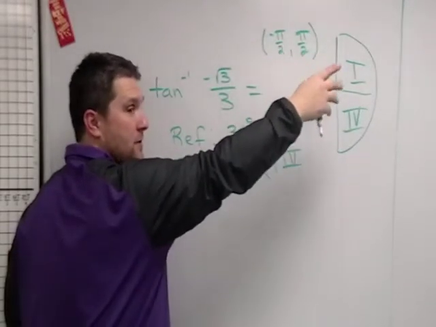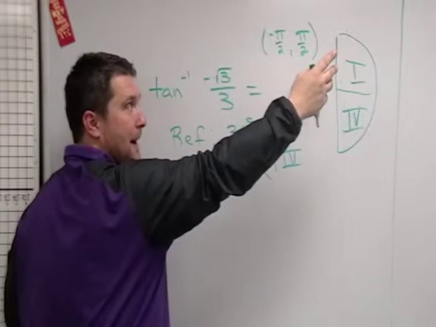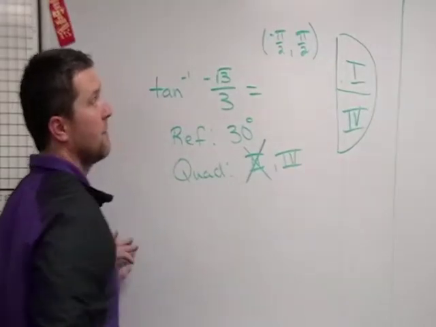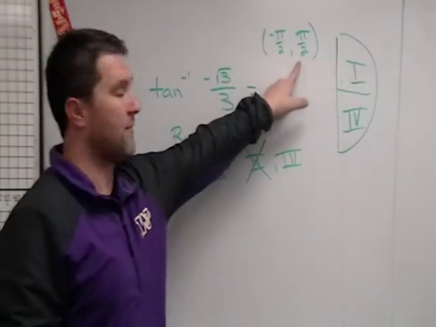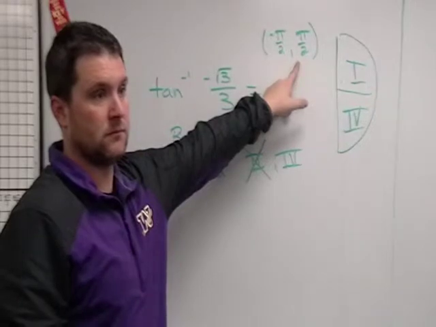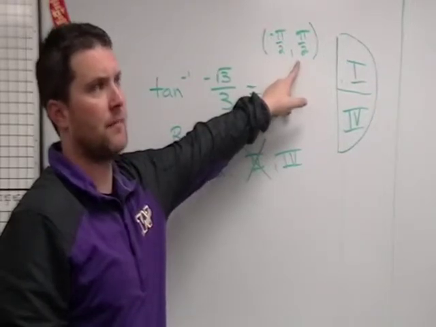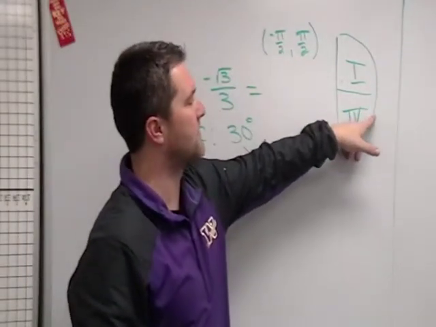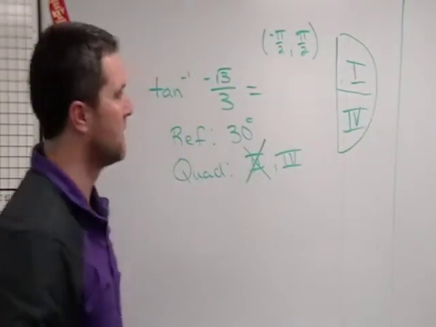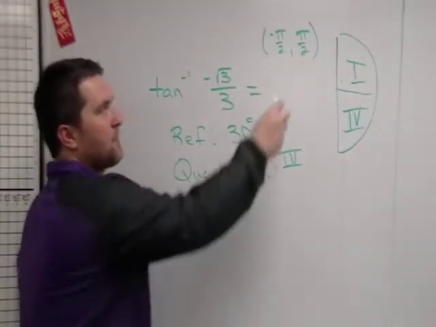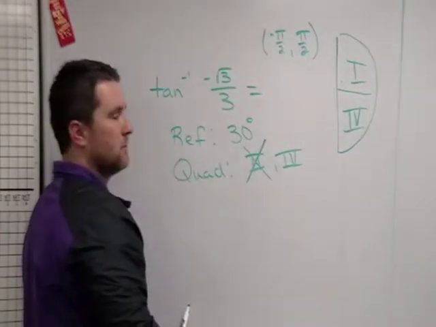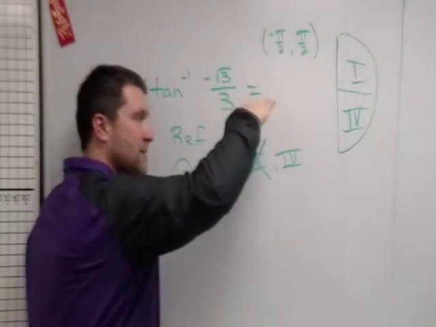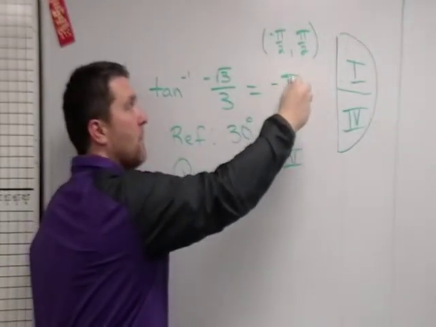If you punch in 11 pi over 6 on your calculator, you're going to get around 6 radians, not 18, and that's bigger than 1.57. Okay? So, tangent inverse of negative root 3 over 3, you're going to state it as, just go this way, negative pi over 6.